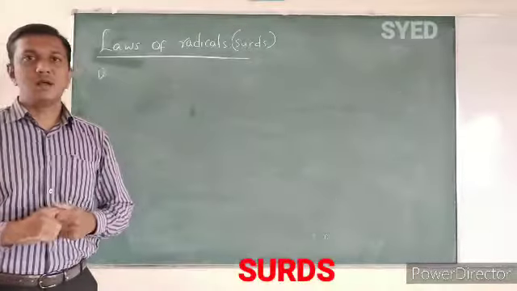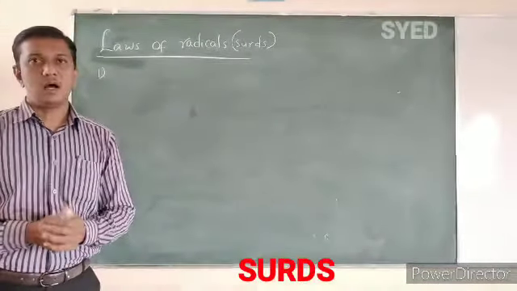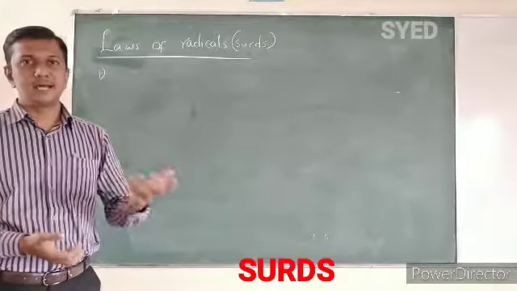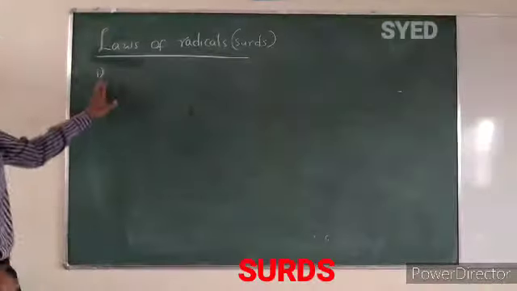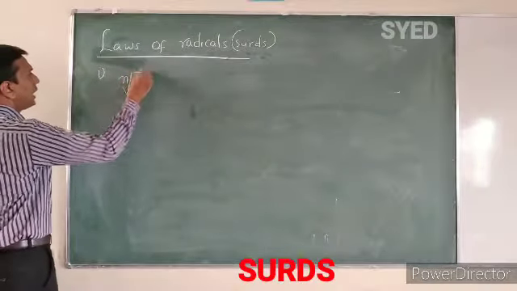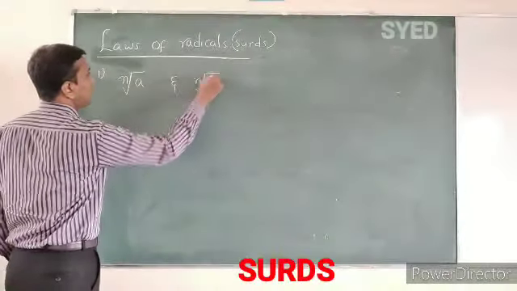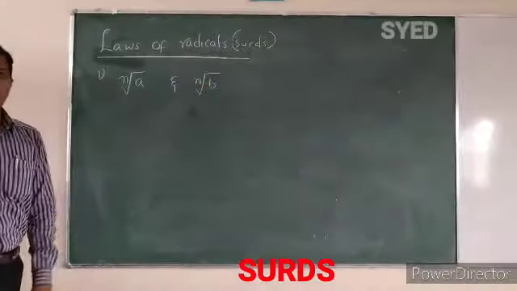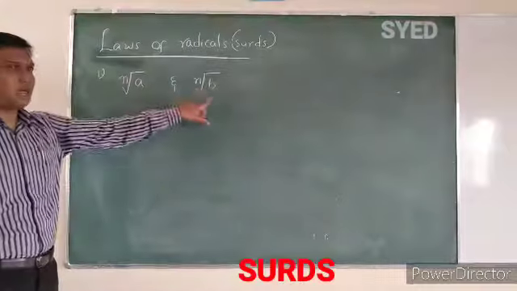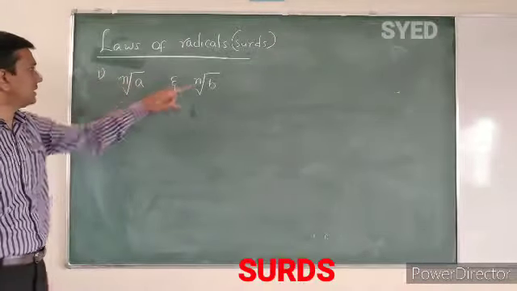So in this session, we are going to discuss a few laws of radicals or laws of surds. The first law is, if nth root a and nth root b are two surds, what is the common thing we observe between these two? Yes, the order is the same.